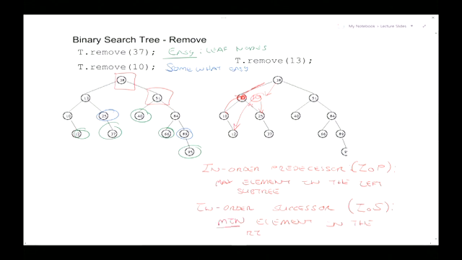Minimum element in the right subtree. So the in-order predecessor is the node that comes right before our current node, which is the largest element in the left subtree. The in-order successor is the element that comes right after the current node in an in-order traversal, which is the minimum element in the right subtree.